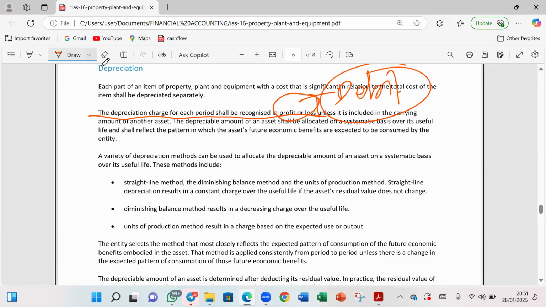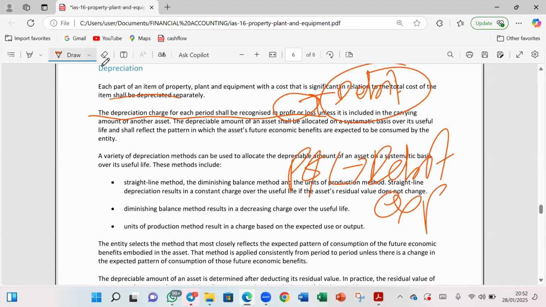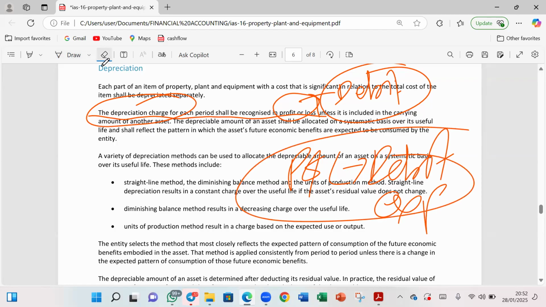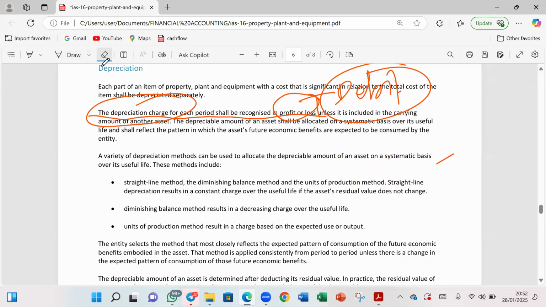Expenses are debited in the P&L. So when you calculate the depreciation charge for the period, make sure you recognize that depreciation in the P&L. You shall debit it in the P&L. I will show you how to debit the depreciation in the P&L. That's number one.